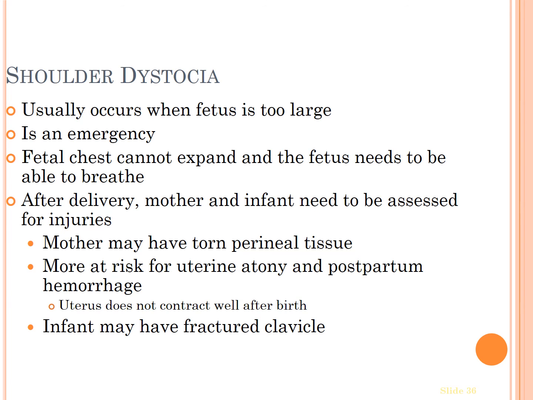And then, of course, after delivery of a shoulder dystocia, we're going to apply suprapubic pressure, the nurses do this, when mom is pushing. But we want to assess them for lacerations on the mom. She is at higher risk for uterine atony and postpartum hemorrhage. And of course, we're going to monitor the infant for a possible fractured clavicle.